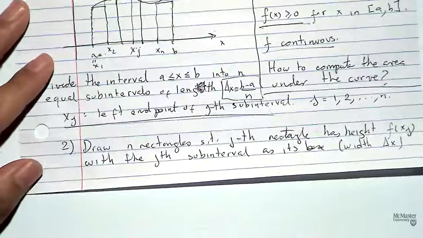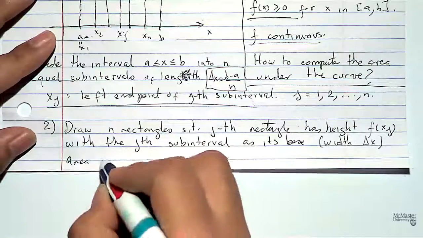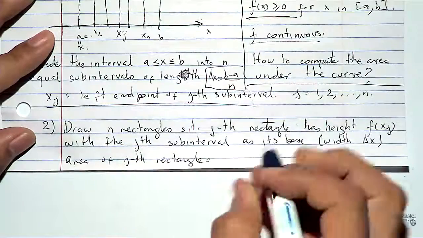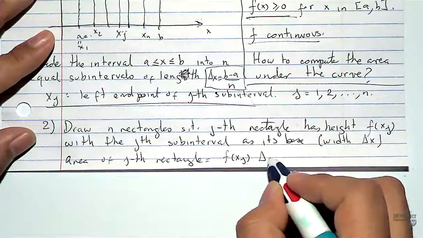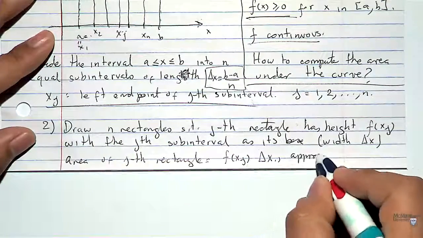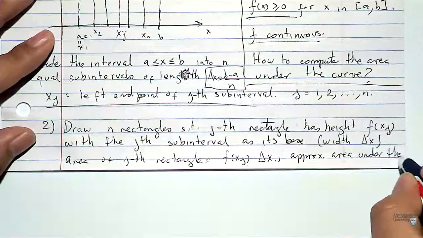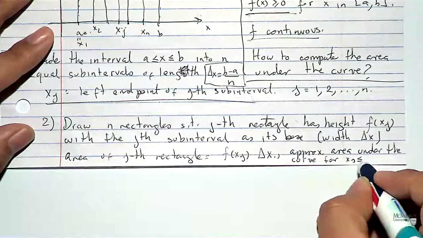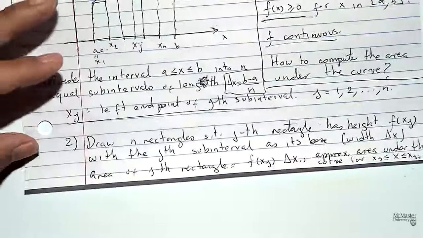Well, what we have now is to state what is the area of the rectangle. The area of the jth rectangle, of course, is the height, f of xj, times the length of the base, which is delta x, which is constant, which is approximately the area under the curve for the subinterval between xj and xj plus 1, right?